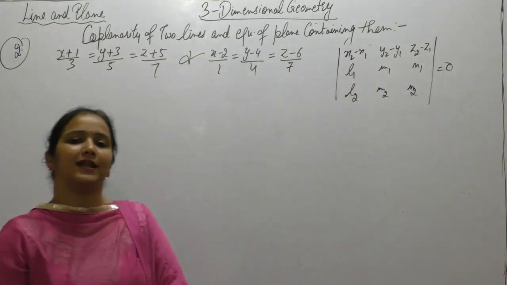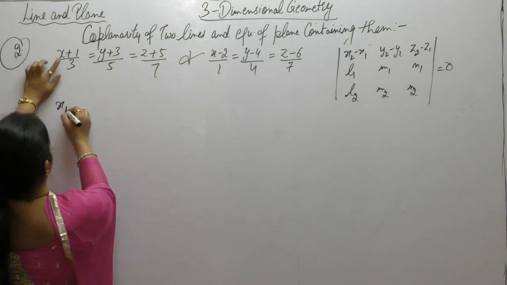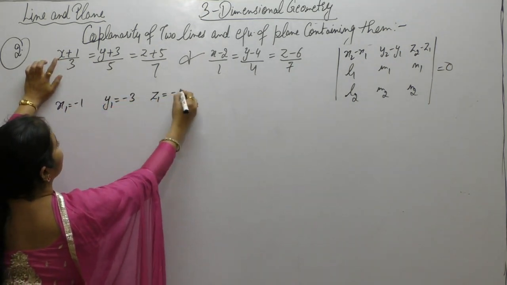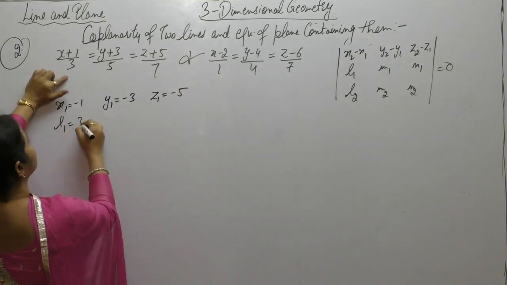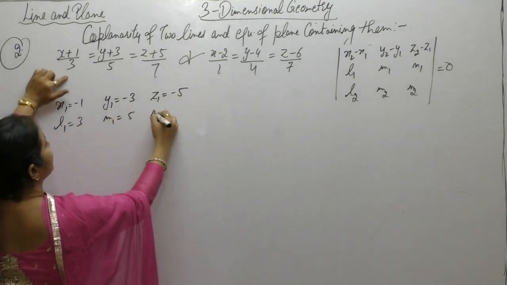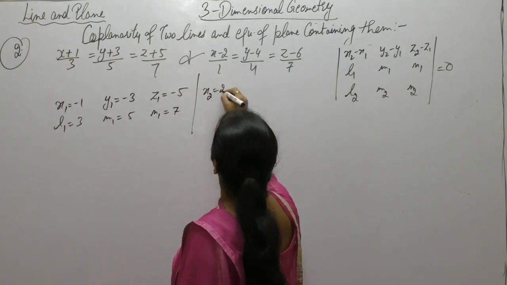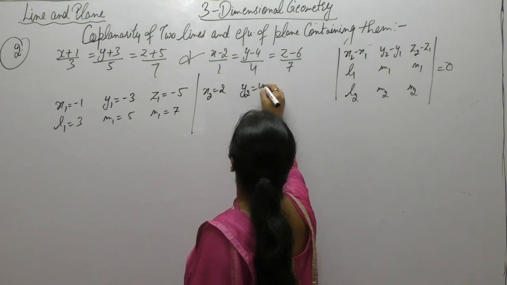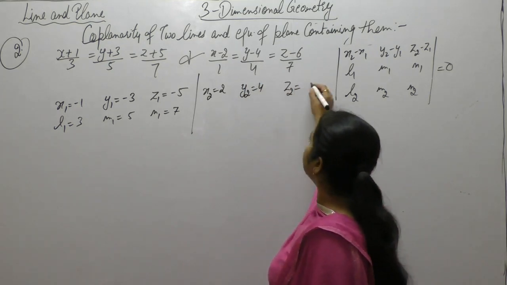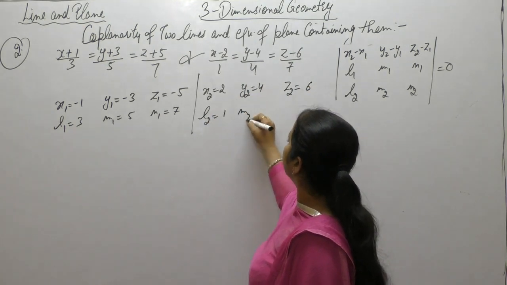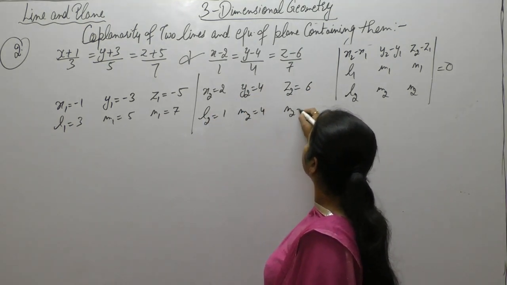The general equation of the line is x minus x1, y minus y1, z minus z1 over L1, M1 and N1, and x minus x2, y minus y2, z minus z2 over L2, M2 and N2.